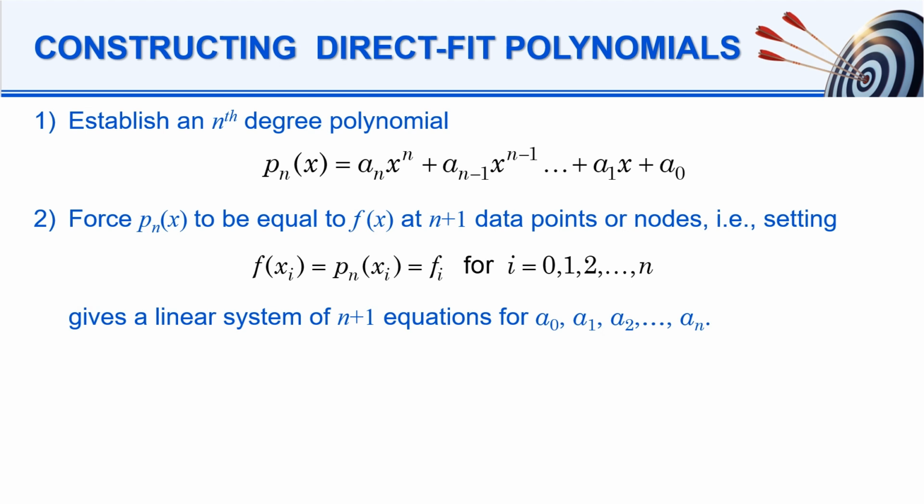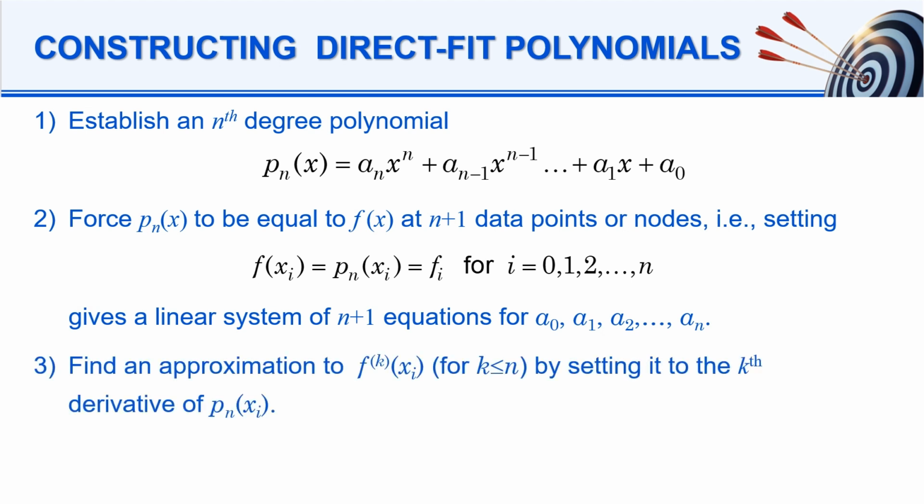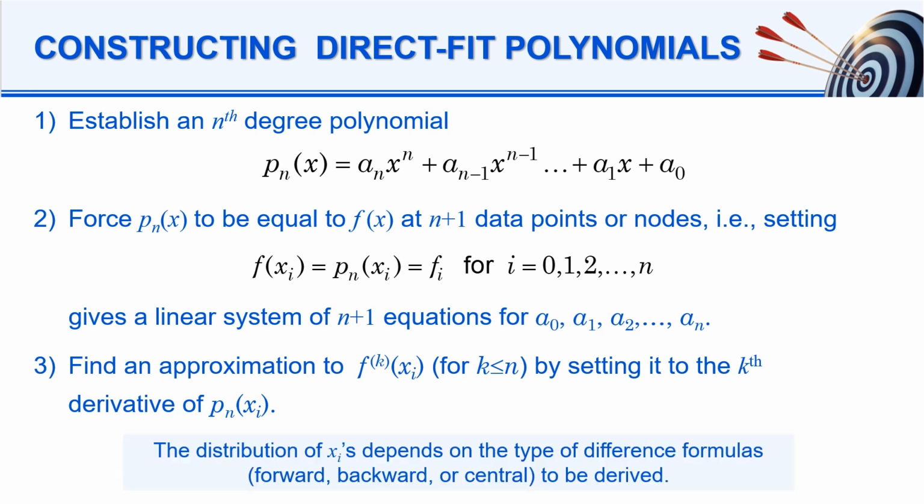Find an approximation to the kth derivative at xi for k less than or equal to n by setting it to the kth derivative of p_n(xi). The distribution of xi's depends on the type of difference formulas, forward, backward, or central, to be derived.